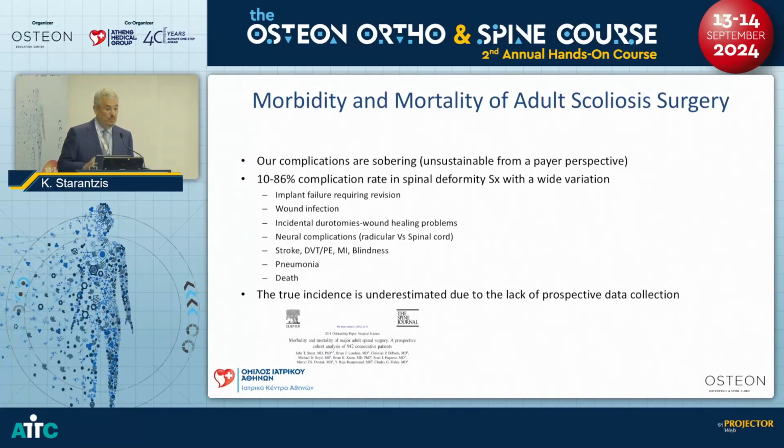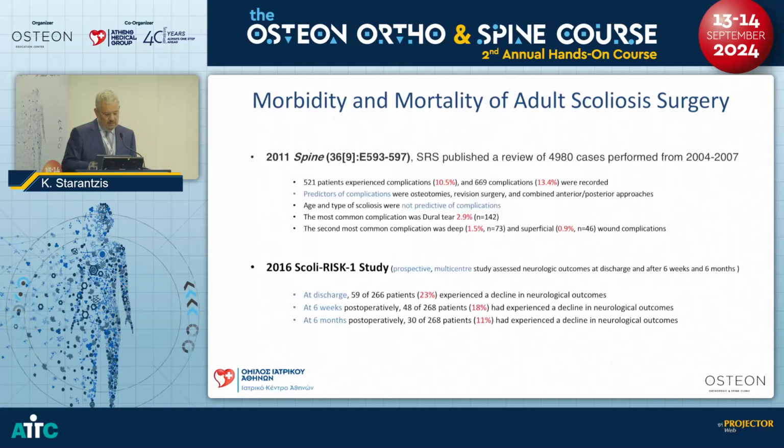And half of them may have a serious complication. You know about the studies. Someone mentioned one of these yesterday. We can get serious complications, not just a dural tear with CSF leak and wound healing problems.